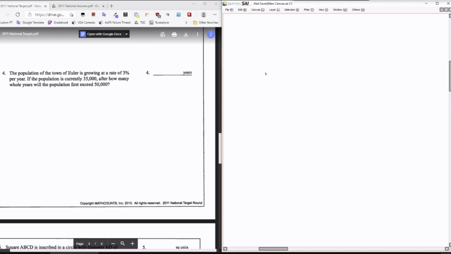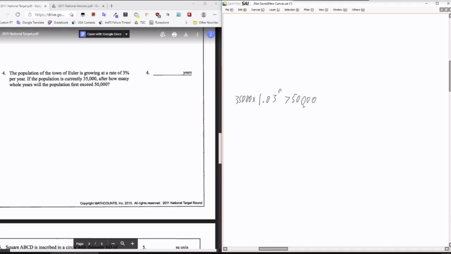So, we're looking for 35,000 times 1.03 to the power of something. So let's just say that is greater than 50,000. Every year, the population is growing by 3%.